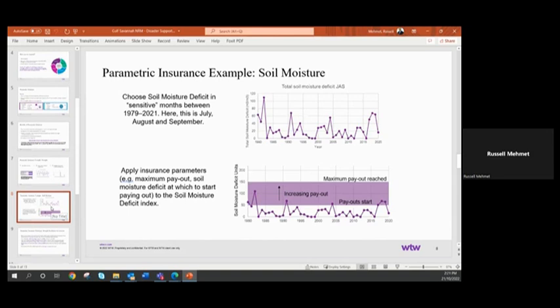So this one here is just to do with soil moisture, and it's based on satellite readings. Not totally au fait with all the technology that goes behind it, but there's 40 years of data sitting behind it.